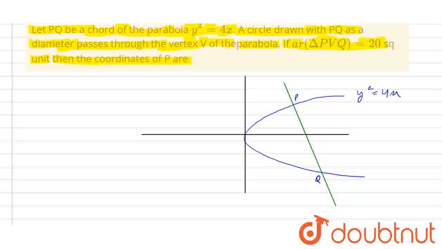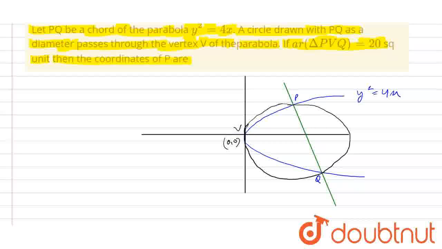So it means that our circle should pass something like this. This is our circle with PQ as the diameter, and this point be V, that is 0, 0.